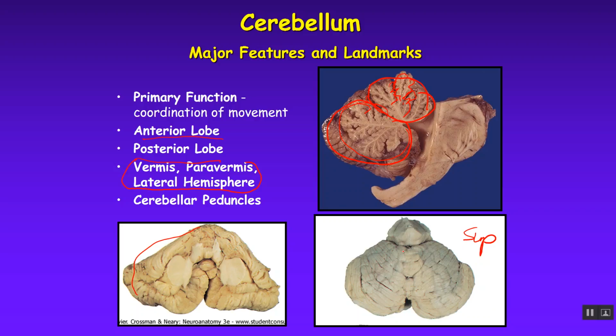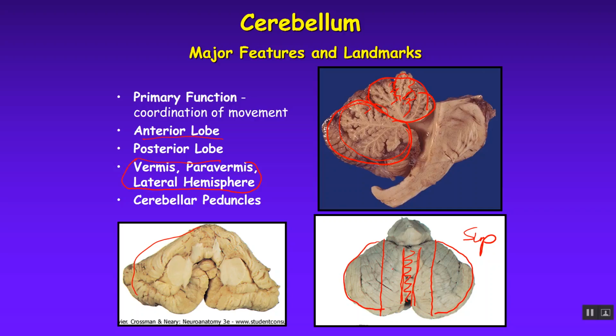The vermis is this very medial area here, okay? Vermis means worm-like, and you can imagine it looking a little worm-like in the middle there. Then you come out just past the vermis, and that's the paravermal region. And then out here, these are the lateral hemispheres.